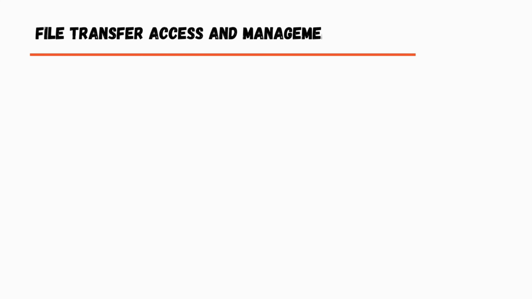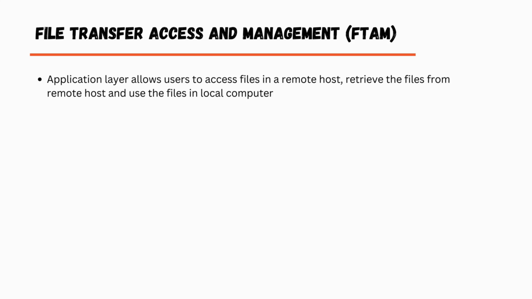Let us discuss the third functionality of the application layer, which is file transfer access and management control. This functionality of the application layer allows users to access the files on the remote host, to retrieve the files from the remote host, and to modify the data in those files on the remote host. Now let us understand this with an example.